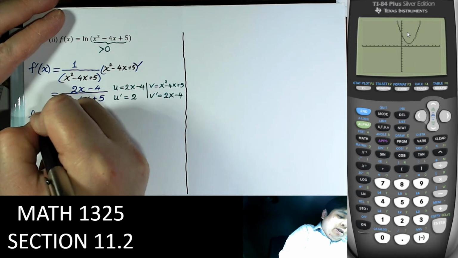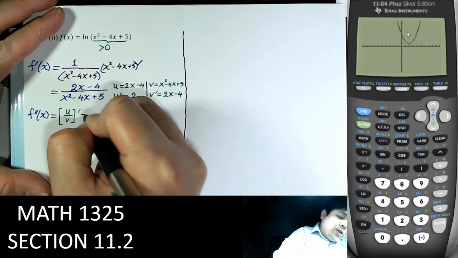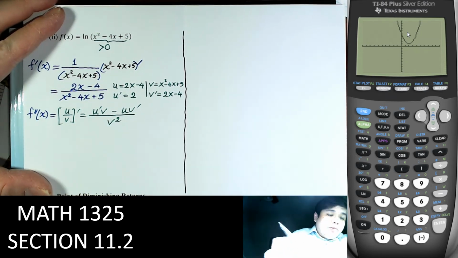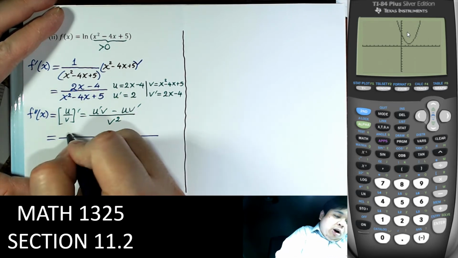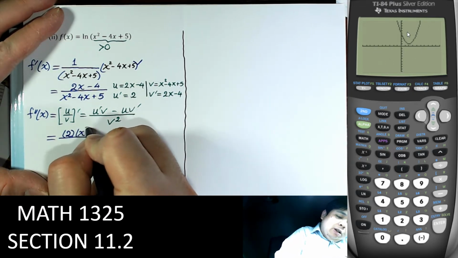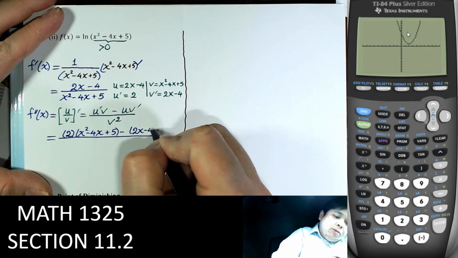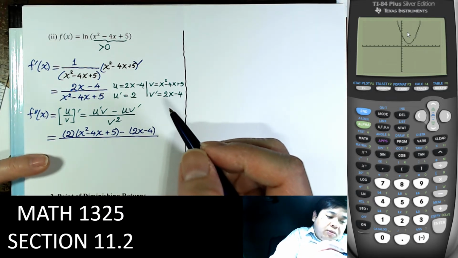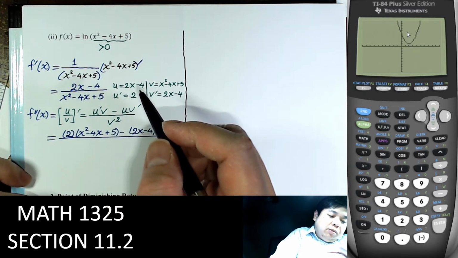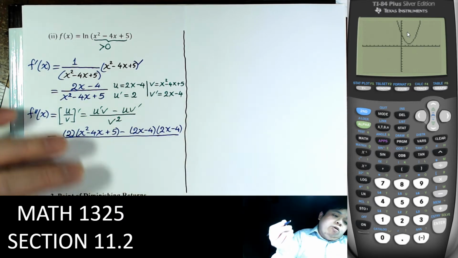So the second derivative, I'm going to write the quotient rule: u prime v minus u v prime over v squared.